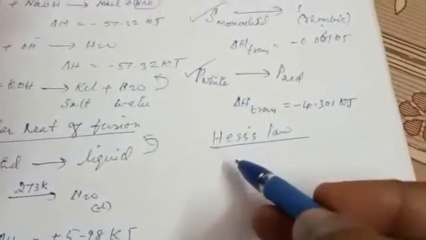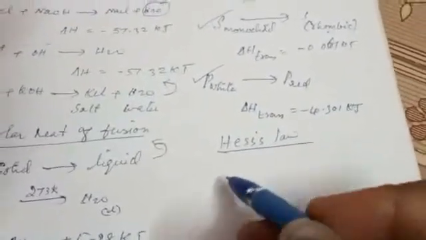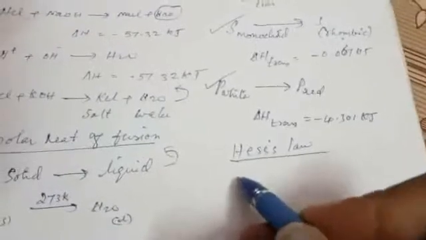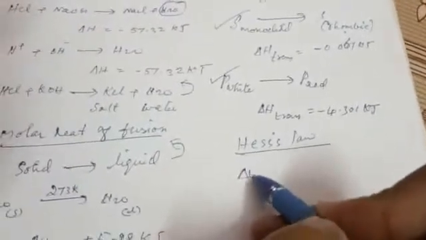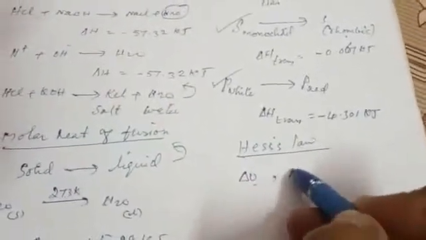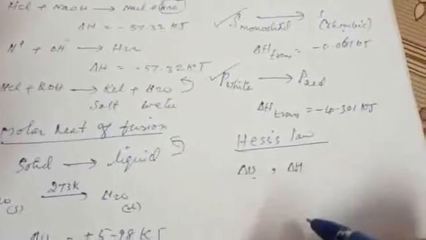Next, Hess's law. We have already learned that the heat change in chemical reactions equals the change in internal energy, delta U, and the heat content, delta H, will be measured.